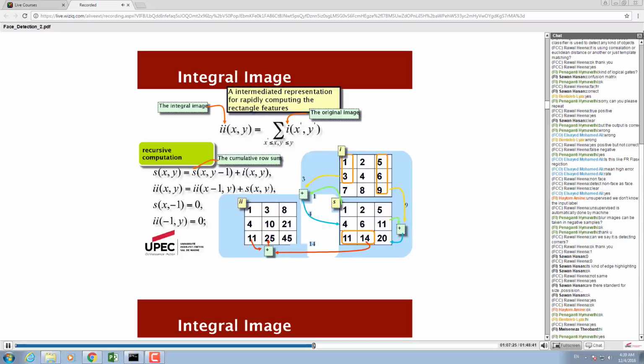Okay, so let's talk about the integral image. This integral image is just for Haar-like features, to speed up the process of the feature calculation, especially the addition process. Because in the case of Haar-like features, there are lots of additions to calculate the sum of every region again and again and again, when you consider many features.